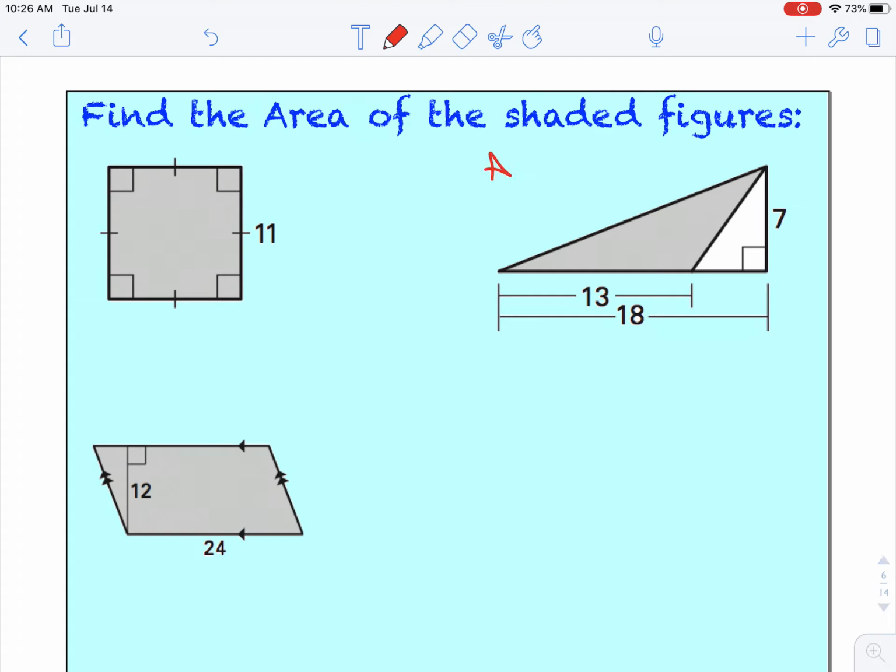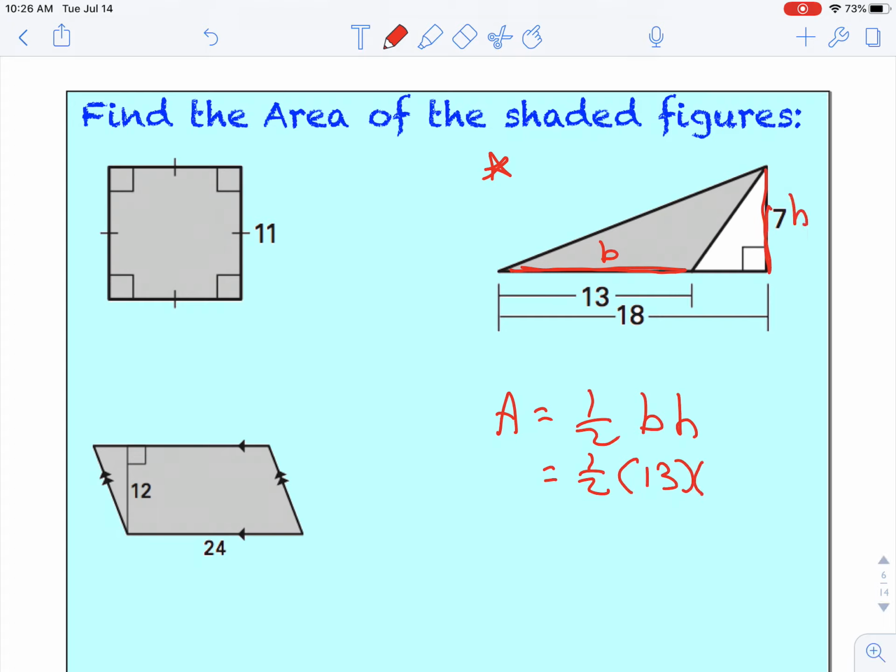We're not going to do them all, okay? But let's see if we can find some of these areas of the shaded figures. Now this is an interesting one right here when we look at this triangle, because our base, some students get confused. This is our base right here. So if we use our formula, 1/2 base times height, our base is 13.